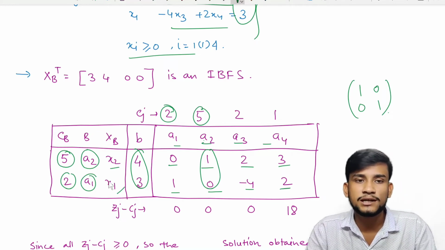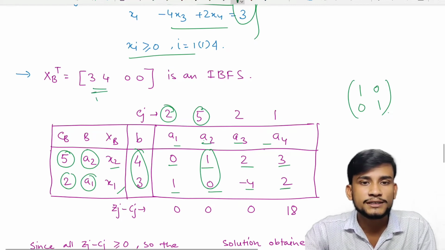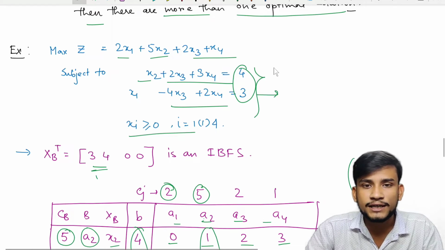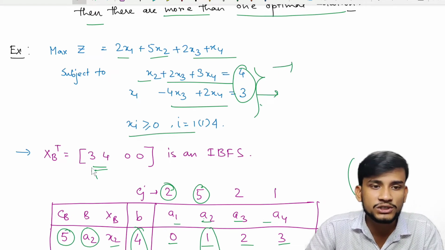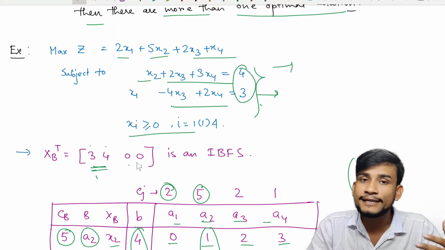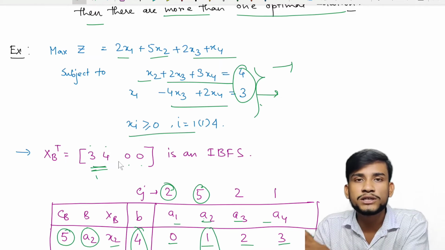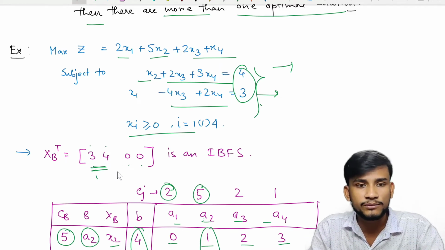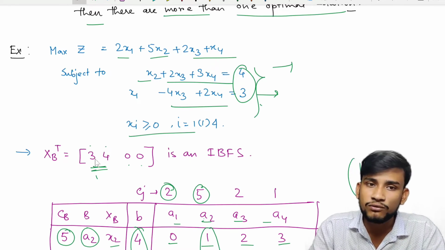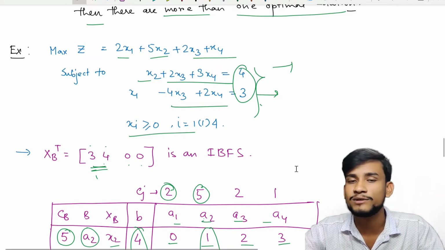So this is the table, with 3 and 4 for a2 and a1. The initial basic feasible solution is 3, 4 for a2, a1, and 0, 0 for the rest. Since a2 and a1 form the basis, we write a2 first, then a1, and the remaining terms are 0.